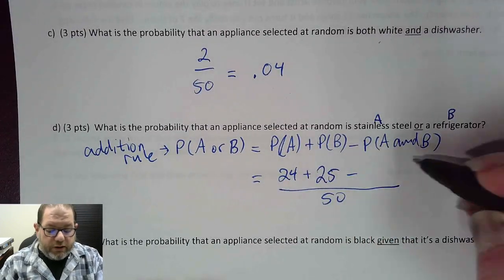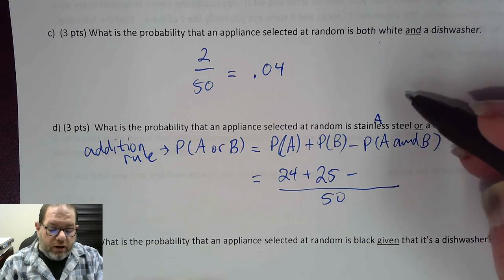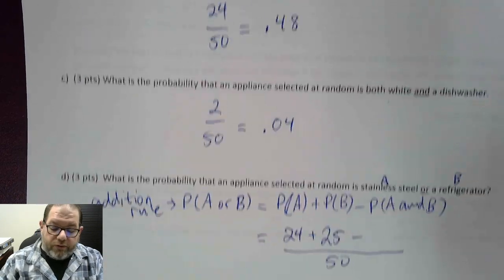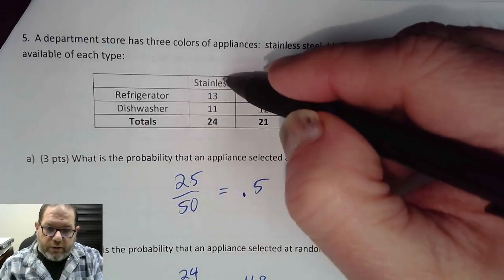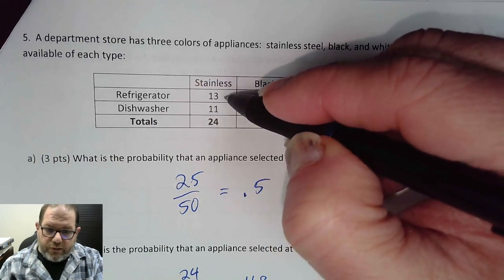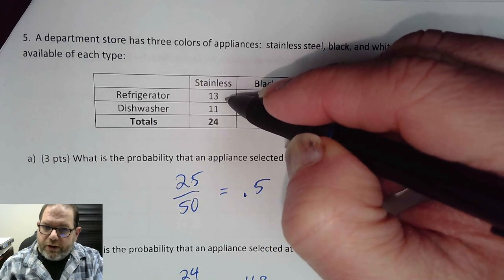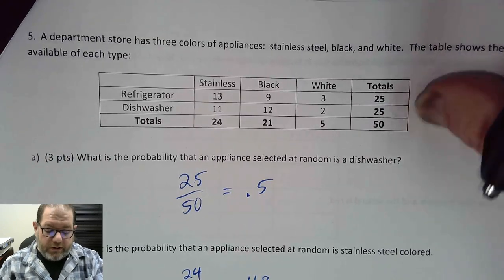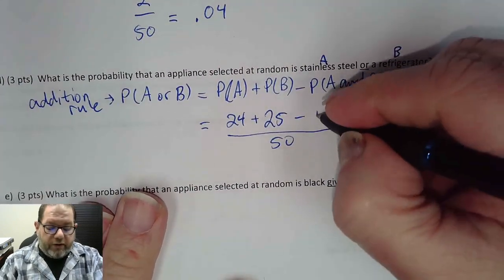And then finally, we need the intersection of stainless steel refrigerators, which, looking at the stainless column and the refrigerator row, is 13 that meet both criteria simultaneously. So we have to take away 13.